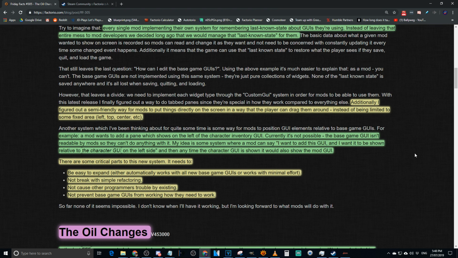And like having something to the left of the player inventory, I've used the RPG mod on many community maps, and the fact that it's its own GUI that you've got to bring up when you level up, where you can add an extra point into walking speed, mining speed, run speed, all this sort of stuff. If it was just part of the character inventory GUI, that would be so much more amazing. That it just sat to the left-hand side when you open up your inventory. It would be one less thing on the screen to clutter it up. So yeah, I look forward to the change.